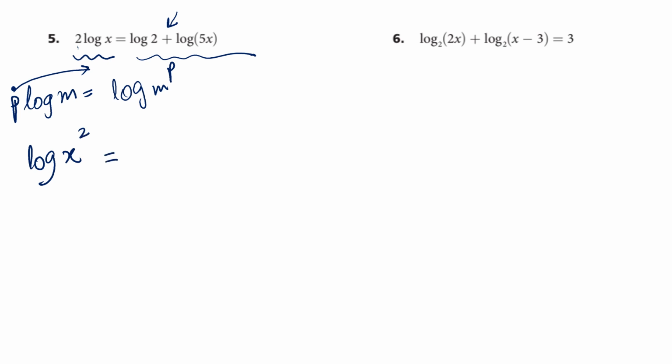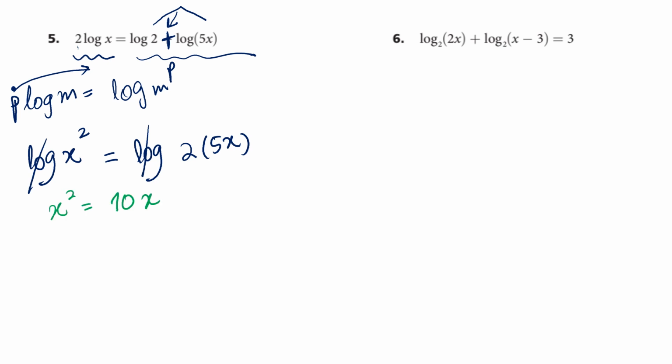Now on this side, you will use a property in which you will write the log one time and you multiply the terms 2 and 5x because they are separated by a positive sign. Now log and log cancel, or either raise the power of 10 to cancel them. Now you will get x square equals to 10x.